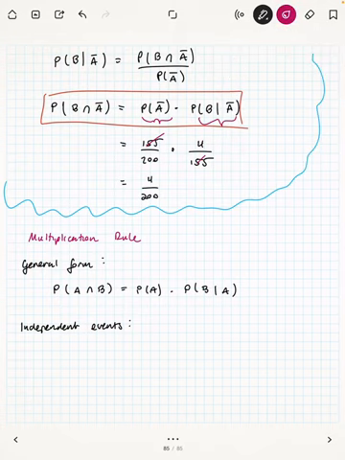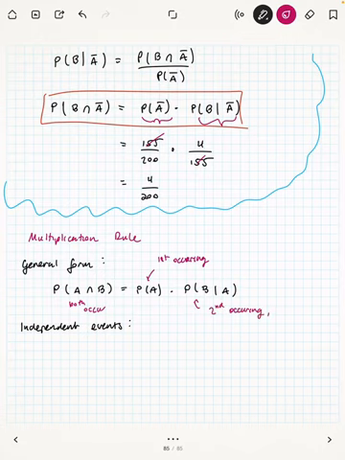And so to break that down, let's think about it this way. So what's the probability that both occur? It's the probability of the first occurring times the probability of the second occurring given the first already occurred or happened.